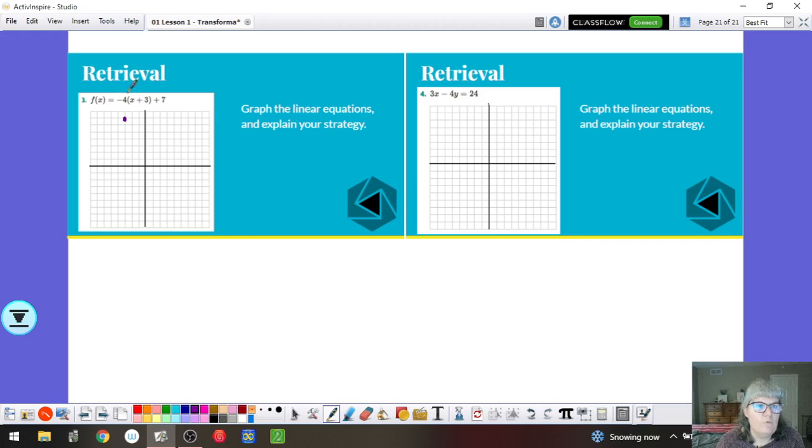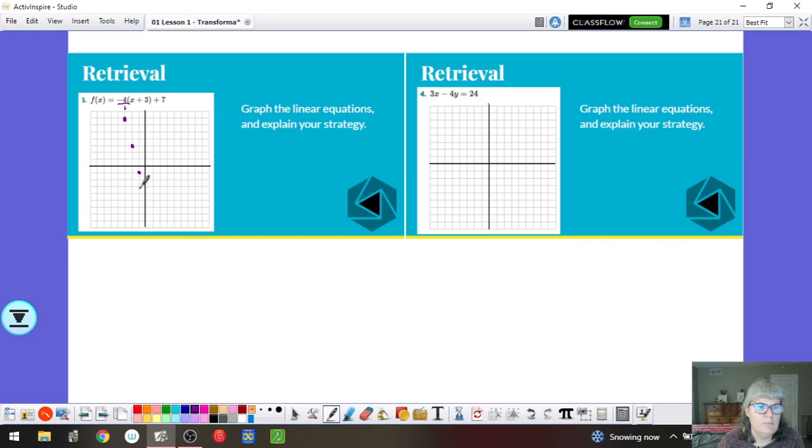The negative 4, because this is a line, is my slope. And we can think of that as negative 4 over 1. So when we find our next point, we would go down 4, right 1. Down 4, right 1.